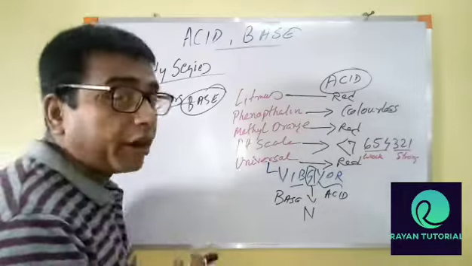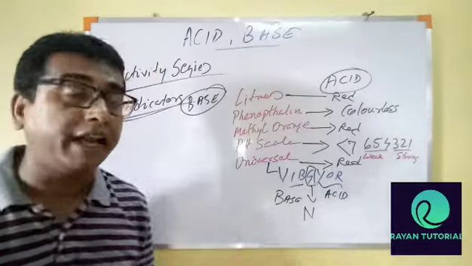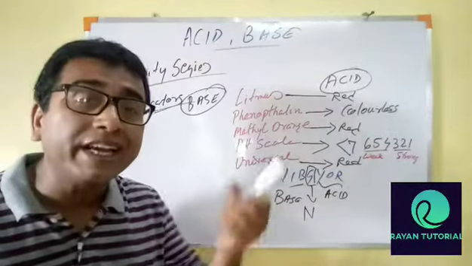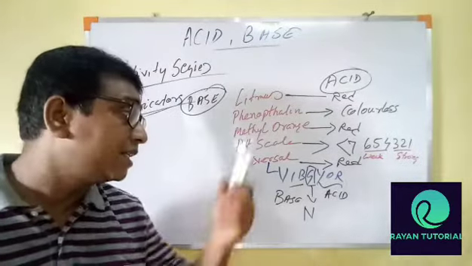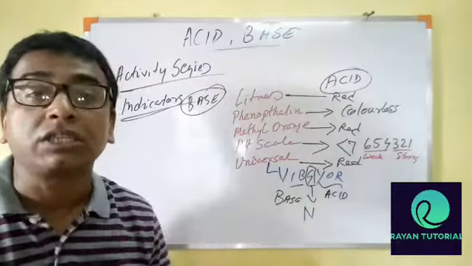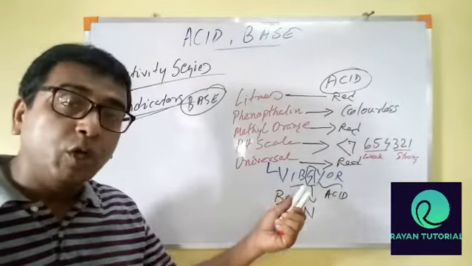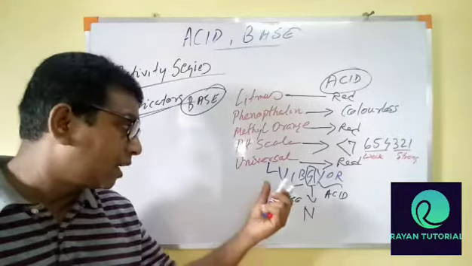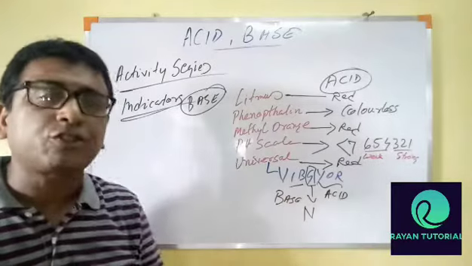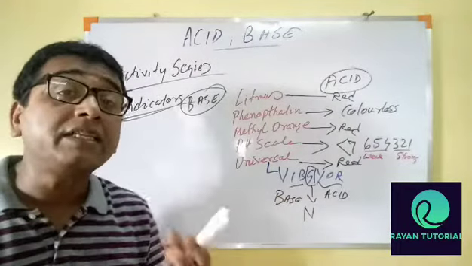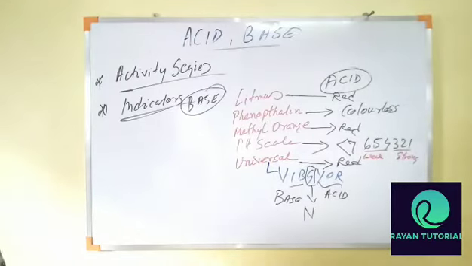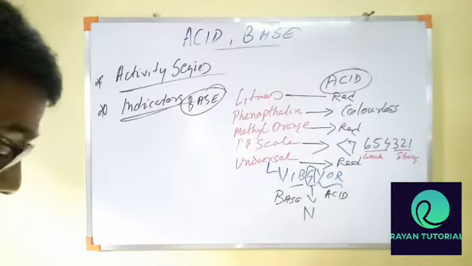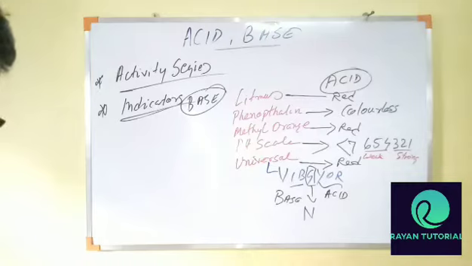Going orange, yellow, orange, red: if it is yellow, it's a weak acid; orange, a bit stronger acid; and red, a strong acid. Similarly, if it is blue, very weak base; indigo, a bit stronger base; and violet, strong base. Clear? Okay. Next.